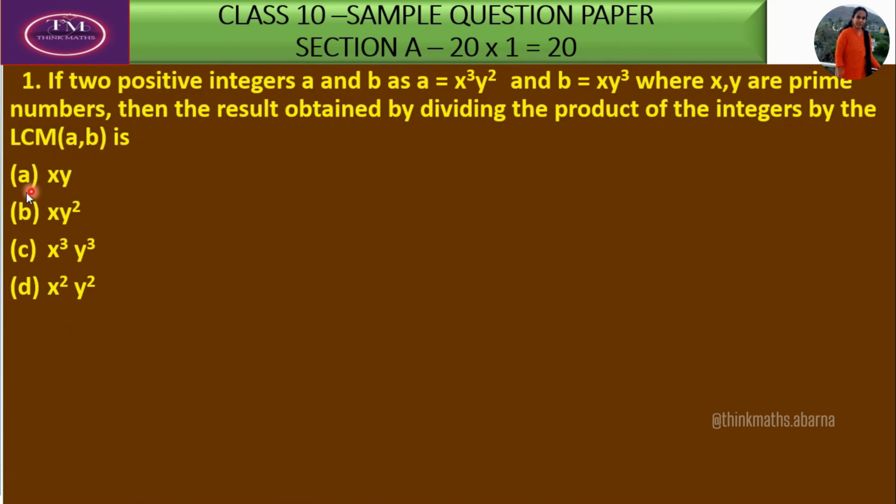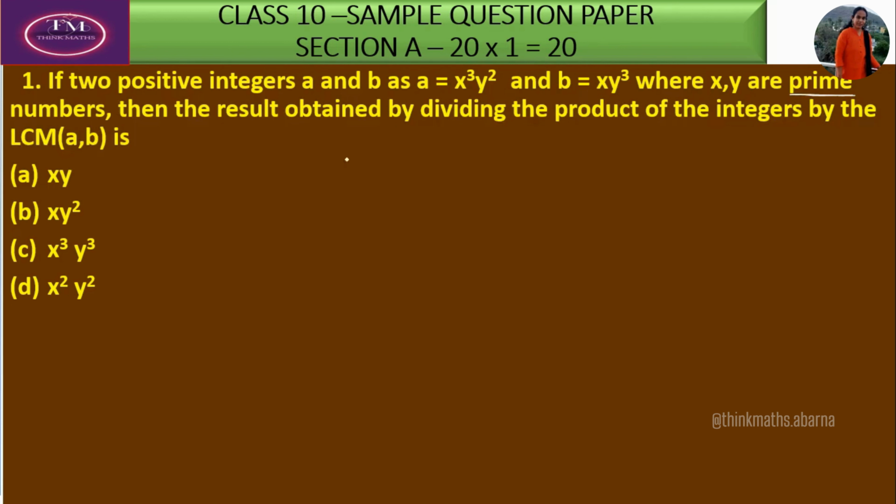There are 4 options. First option is xy, B is x y square, C is x cube y cube, D is x square y square. Now look at this question carefully. There are two positive integers where x and y are prime numbers, so it means a and b are already factorized into prime factors.